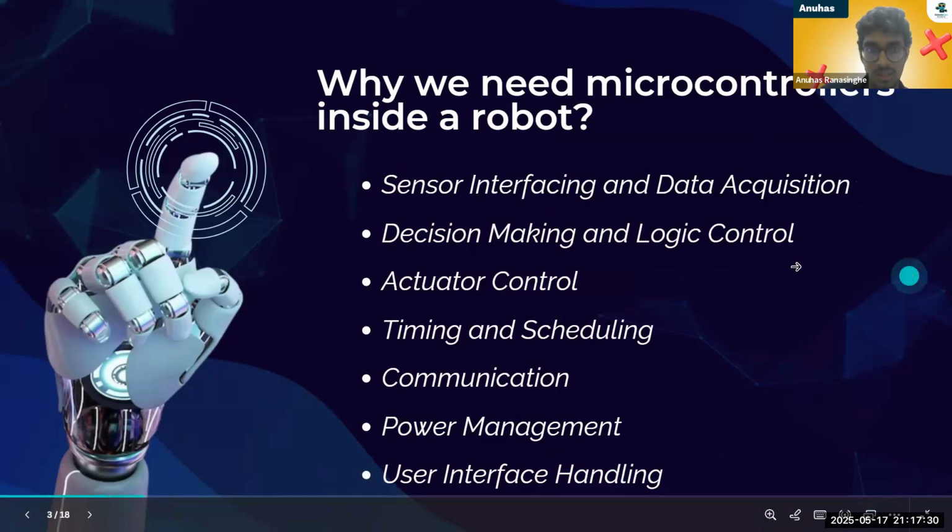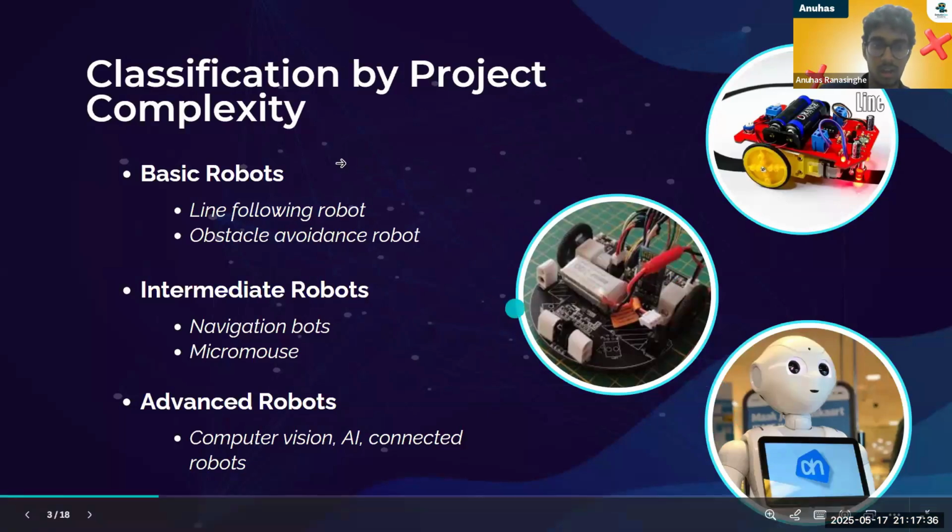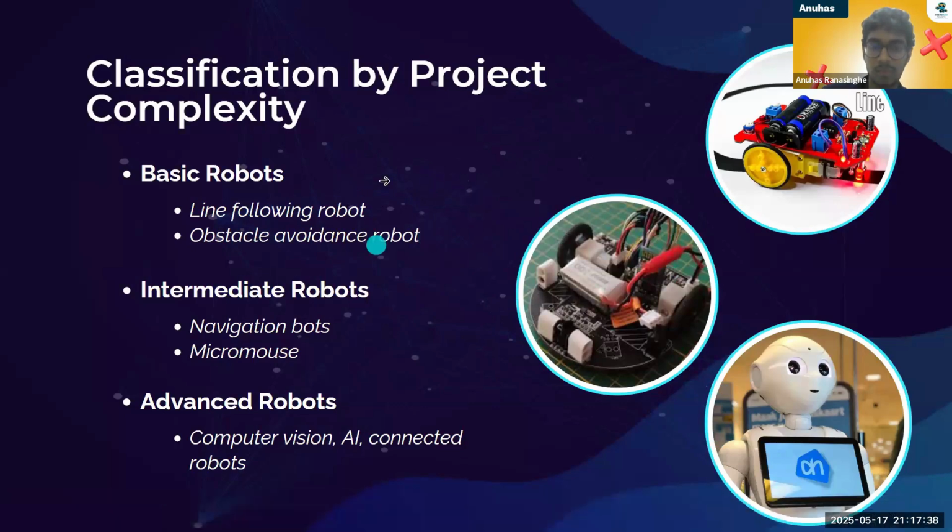In this presentation, I have divided the robots into three main categories. Based on each category, I'm going to recommend some of the most used development boards and microcontrollers for each project. In the basic robots, I have added the simple, entry-level robots that we build when we start robotics.